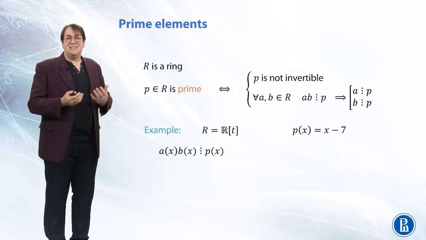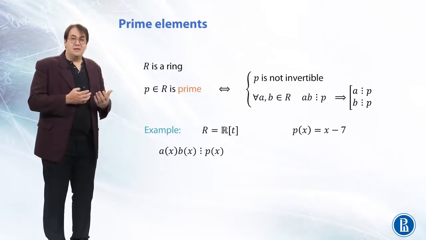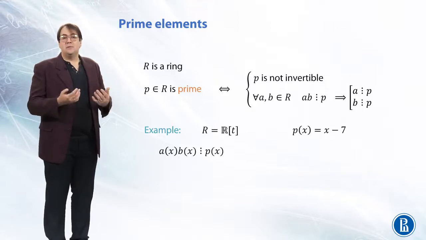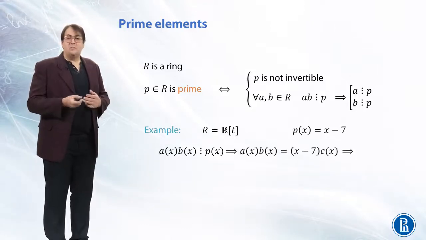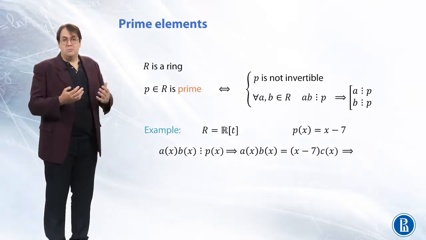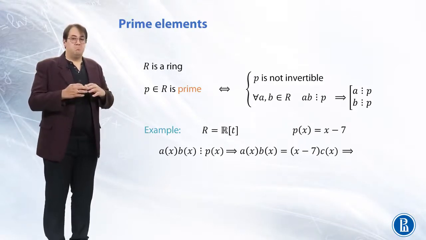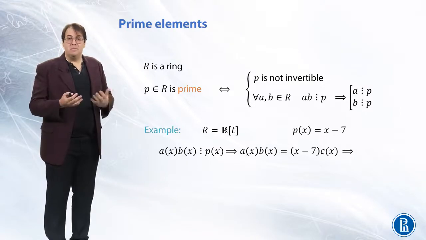Now, suppose that the product of two other polynomials, A and B, is divisible by P. This means that the product AB is equal to P, which is x minus 7, multiplied by some other polynomial C.